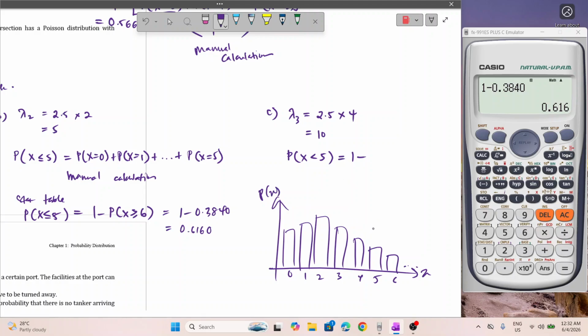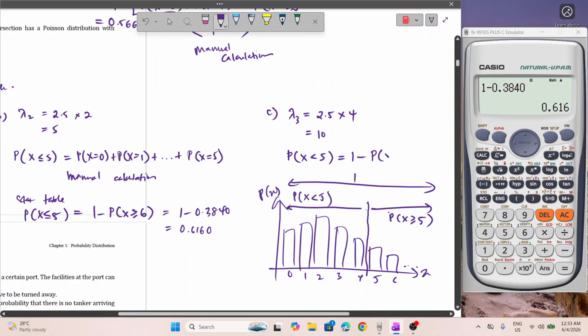You want to find the probability of x less than 5. Less than 5 means that it does not include 5. So everything here is 1, right? 1 minus probability of x greater than or equal to 5.